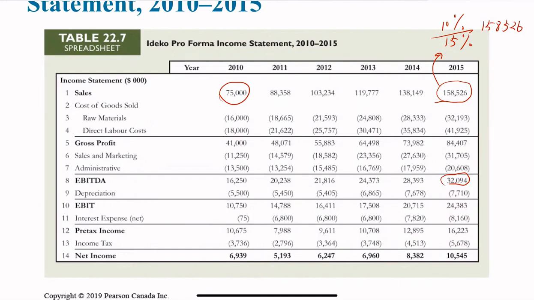And then if you think about the raw materials and direct labor cost, it should be the same. That is, you will still scale this number with 10% divided by 15%.